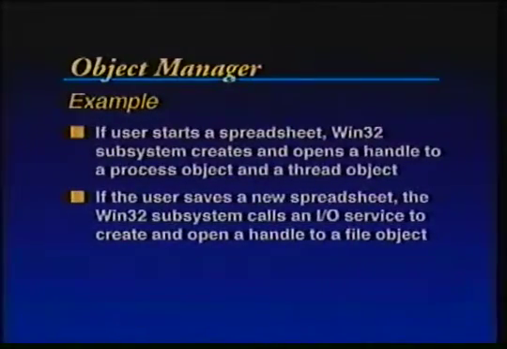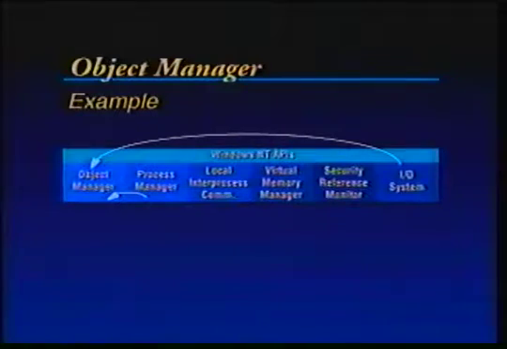The Windows 32 subsystem is going to call into the I/O service, make the call to open file, and the I/O manager will again make a call to the object manager saying, I've got to open up a file, so you, Mr. Object Manager, have to create a file object in which we'll identify the file, the length of it, security data, as well as a lot of other critical information. You can see in this diagram how those various integral subsystems call the object manager.